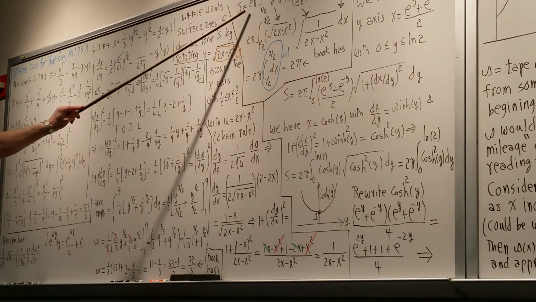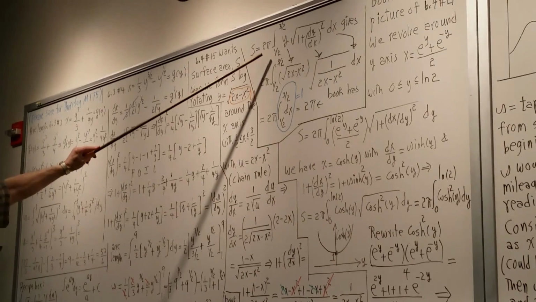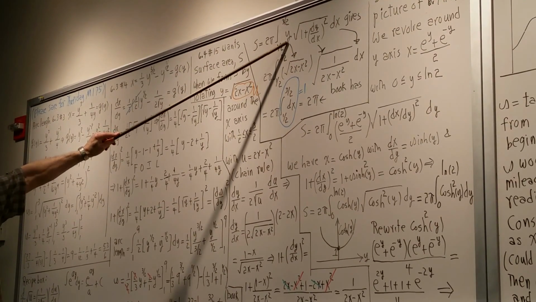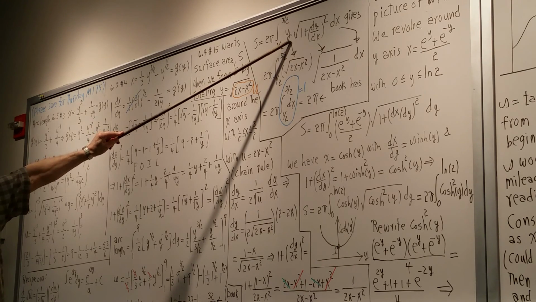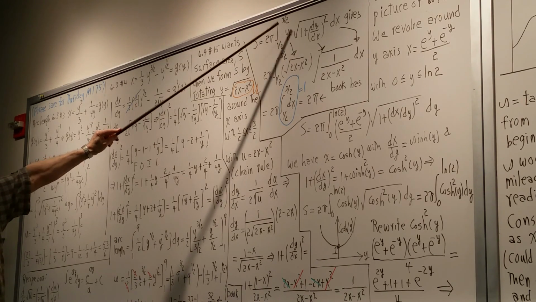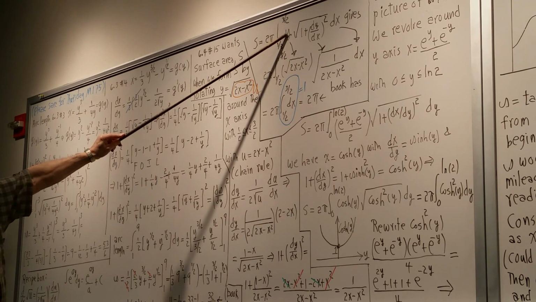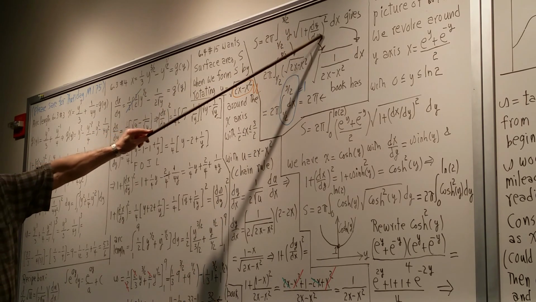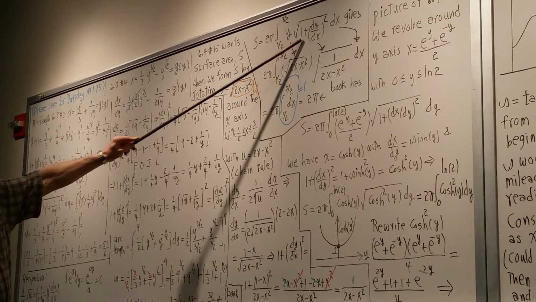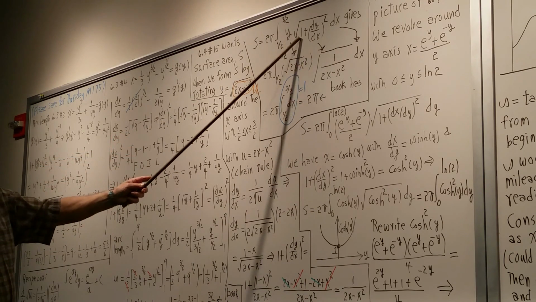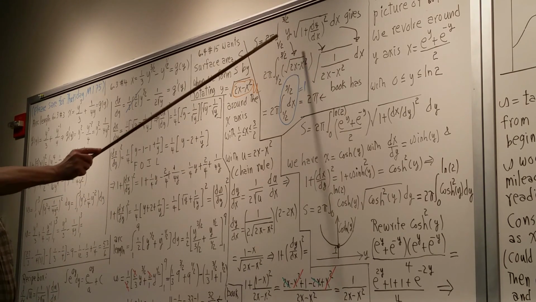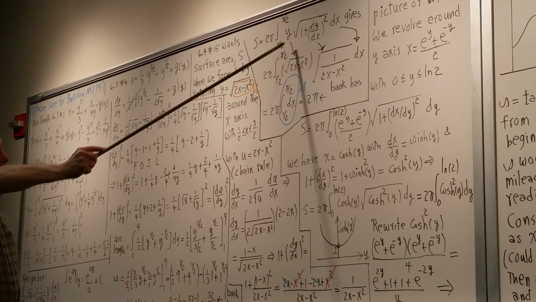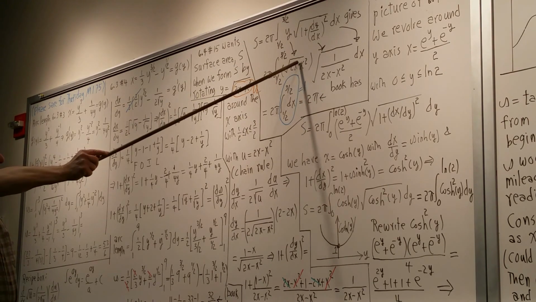And so our formula for the surface area is 2 pi times the radius from the center axis. That's the x-axis, so the radius from the x-axis to the curve is the y value. And then this is our differential arc length, so this is our ds dx. And so what we have is that y, the curve, was the square root of 2x minus x squared.